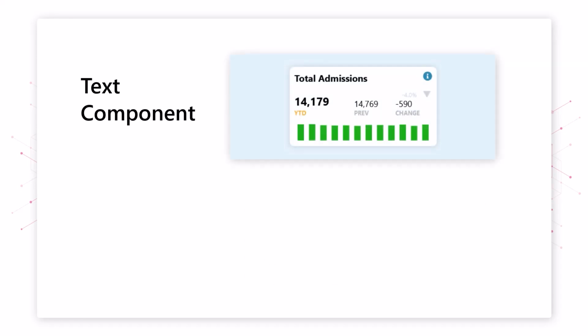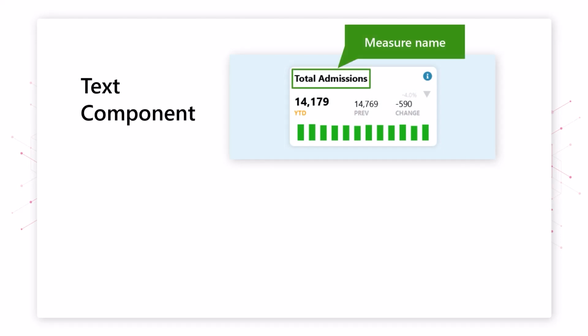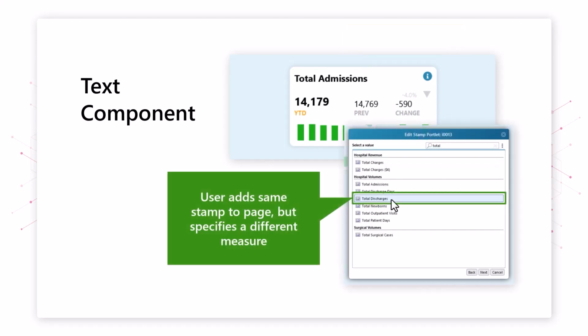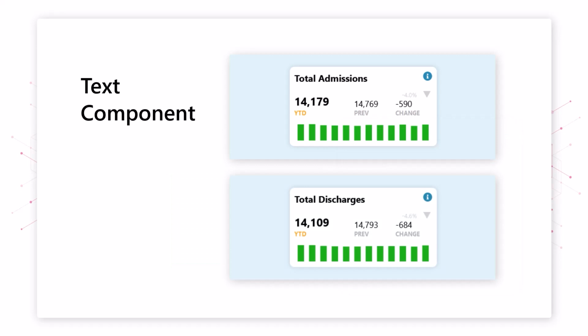Sometimes you may want the text to show the name of the measure for which the stamp is chosen. Here, for example, we have a stamp labeled Total Admissions. When the user chooses the same stamp for the measure Total Discharges, the label on the stamp changes accordingly.